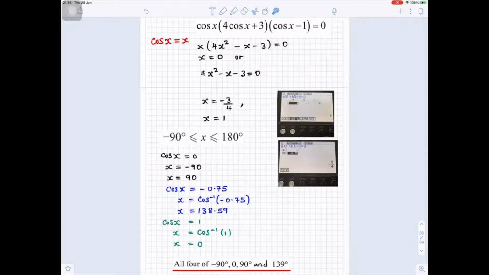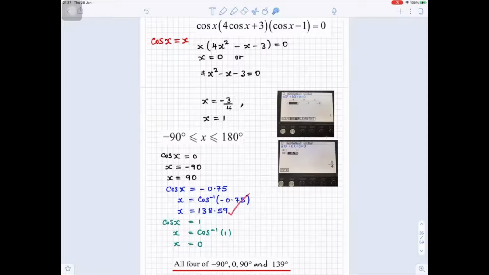So cos x, you want the answers between minus 90 and 180. So cos x equals 0. That means x is minus 90 or x is 90. Cos x equals minus 0.75. And inverse cosine of minus 0.75 is 138.59.